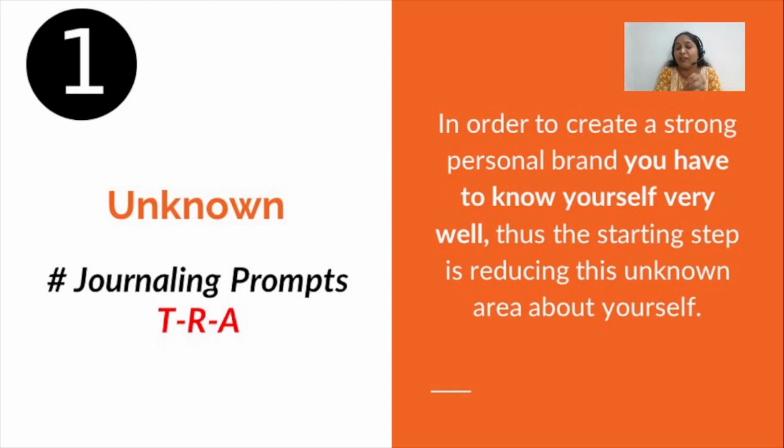We have to have a good understanding of ourselves as individuals. That is when we will be able to define ourselves well and understand how we can be of use to the stakeholders with whom we are associated. Until this happens, we cannot help anybody, because we are also not sure of the qualities we possess. Now you might ask me, what should we do? How do we do it?